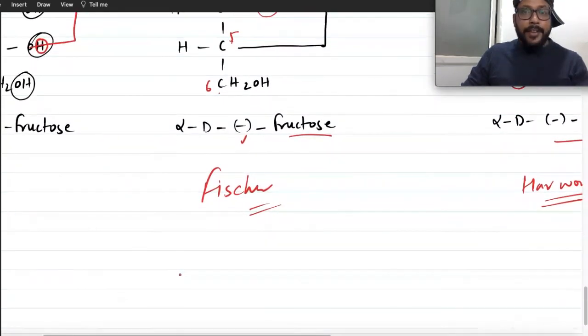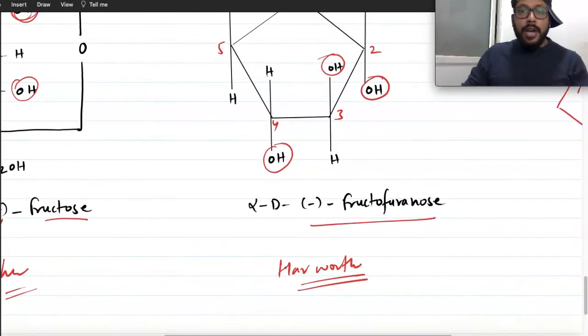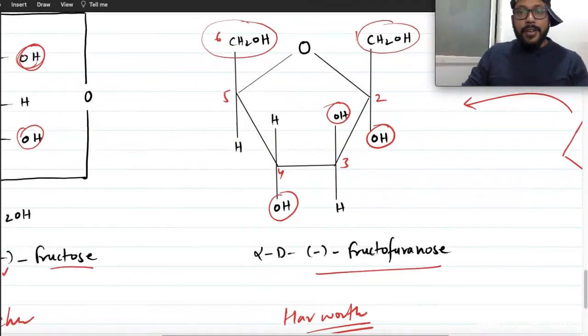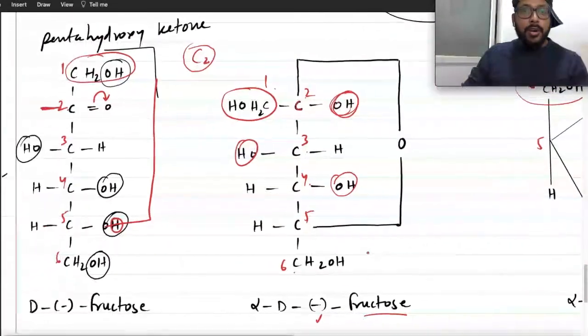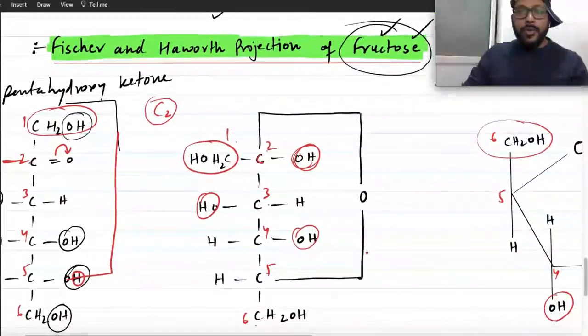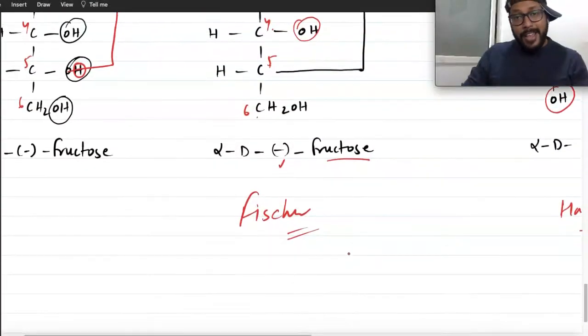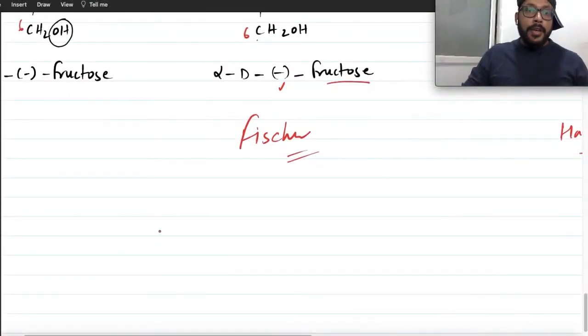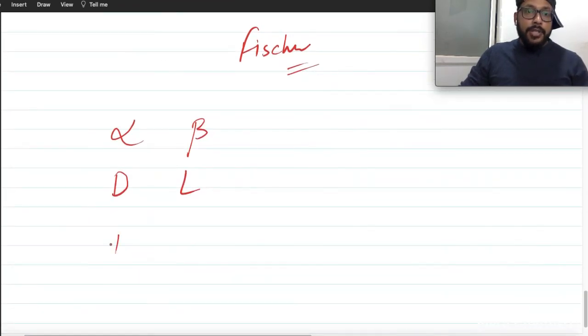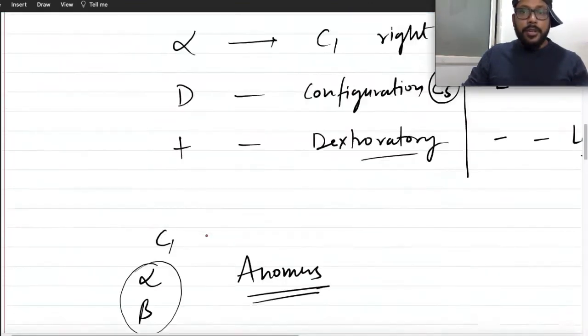So pyran and furan represent the Haworth projection, to represent the whole molecule. So hopefully this video could help you, and the meaning of alpha, beta, D, L, positive, negative representing the molecules of glucose and fructose are easily defined.